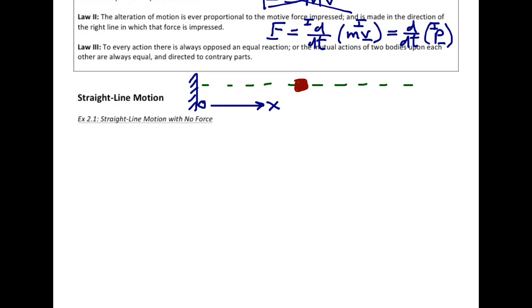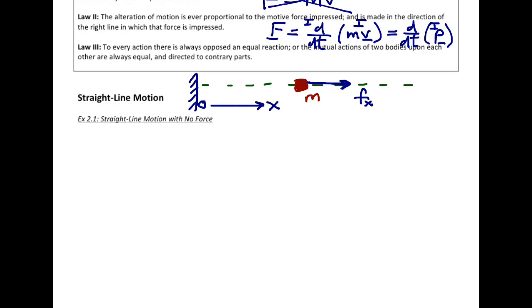The particle has a mass of m, and then it's being acted upon by a force. We'll draw it as a vector, and it's a force in the x direction.